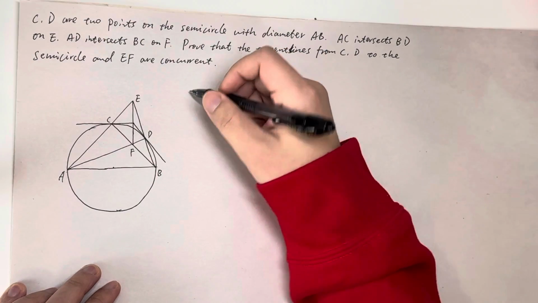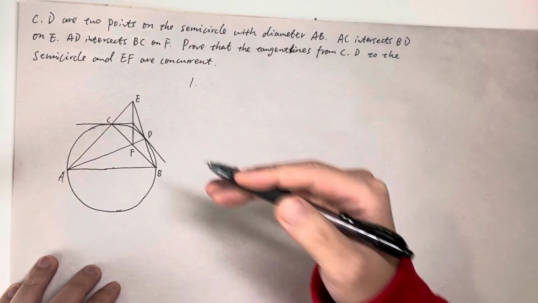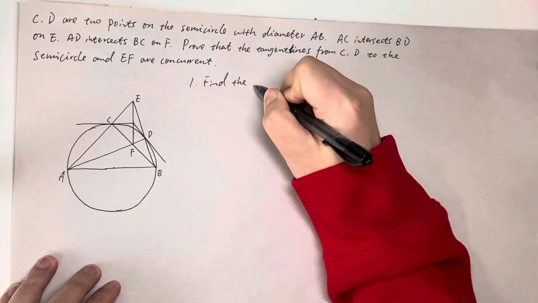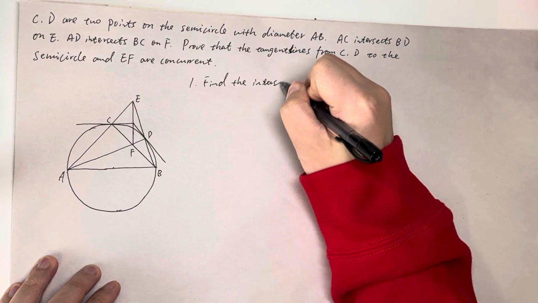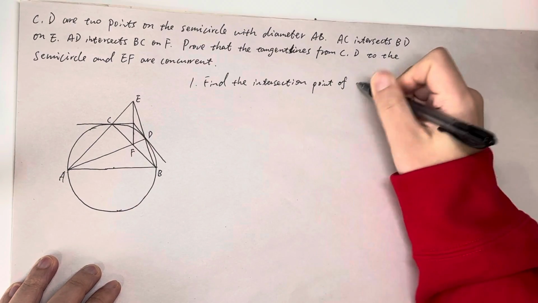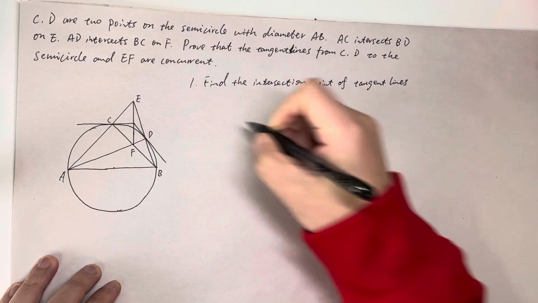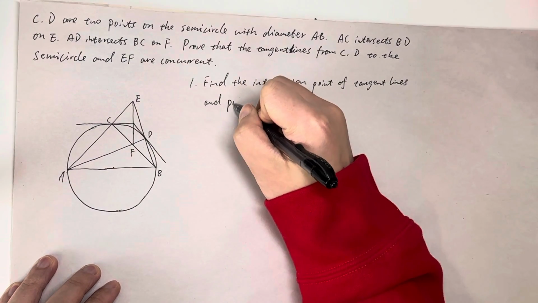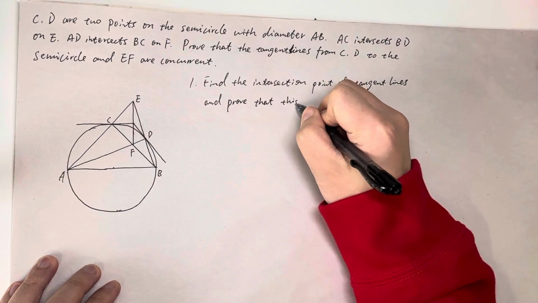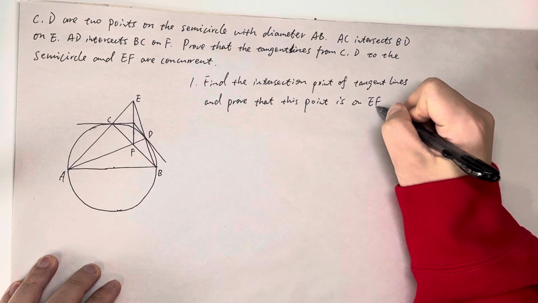So let's consider the first case, where we express the problem as: find the intersection point of the tangent lines and prove that this point is on EF, right?